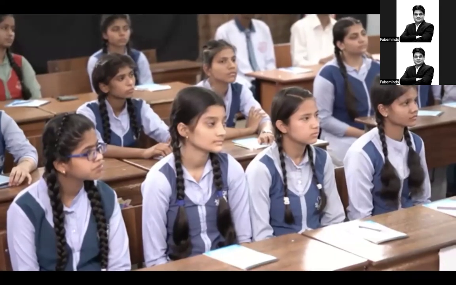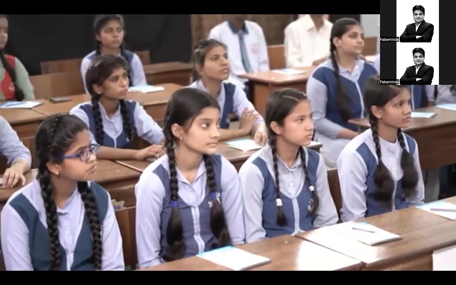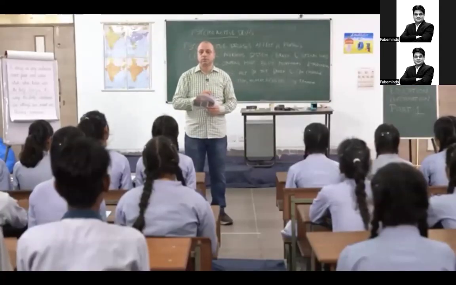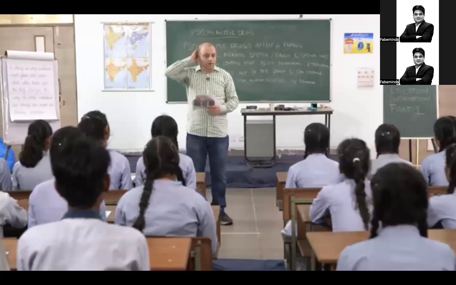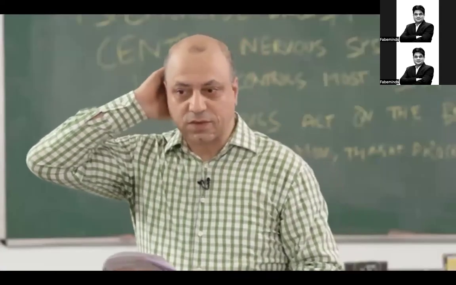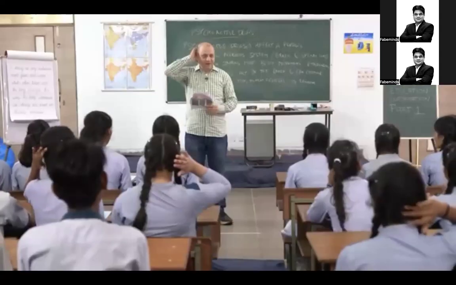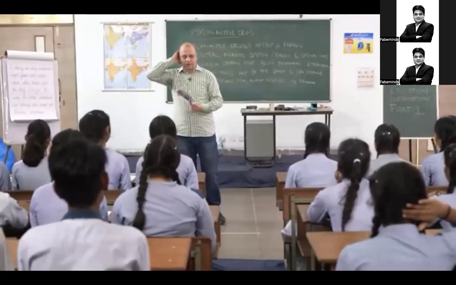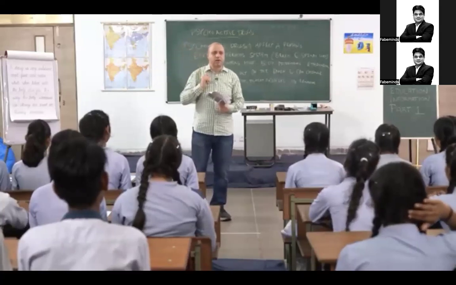Now, having said so, please tell me, where is our brain? You can tap it yourself or on the friend next to you. This is our brain. Okay? And where is our spinal cord?